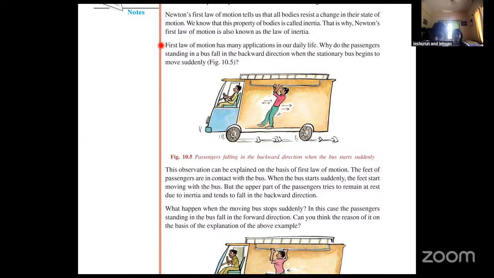This observation can be explained on the basis of the first law of motion. Passengers try to remain at rest, so their bodies fall backwards. What happens when the moving bus stops suddenly? In this case, passengers fall in the forward direction. Can you think of the reason on the basis of inertia?